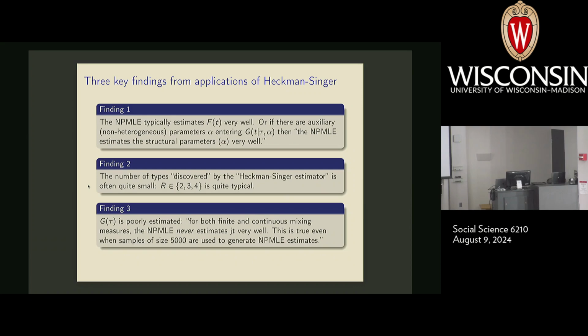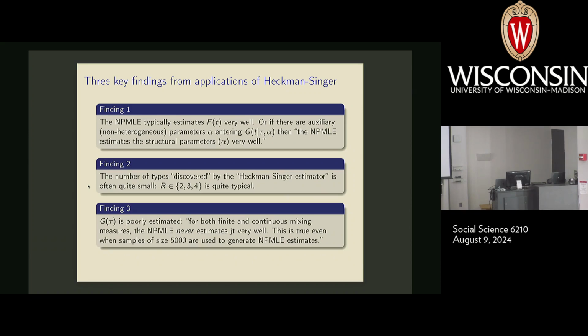The next finding is the number of types is very small, 2, 3, or 4. And then finally, they find that the distribution G is poorly estimated. They say for both finite and continuous mixing measures, the non-parametric maximum likelihood never estimates it very well.